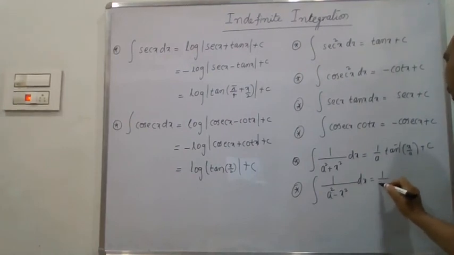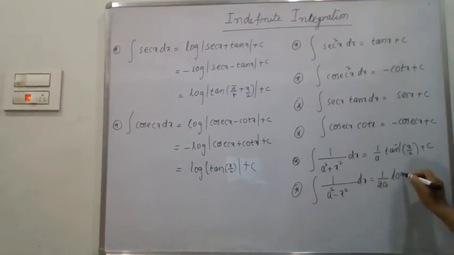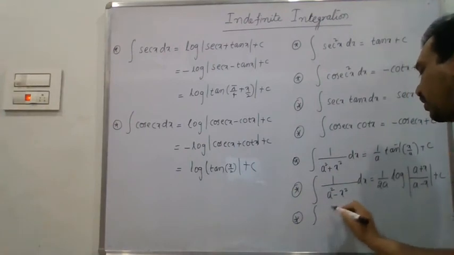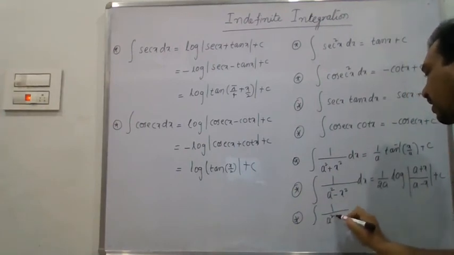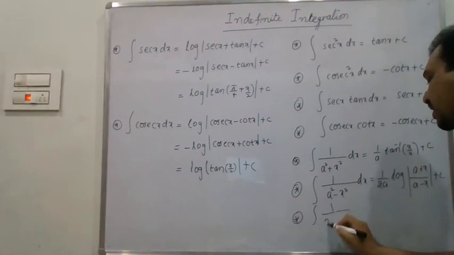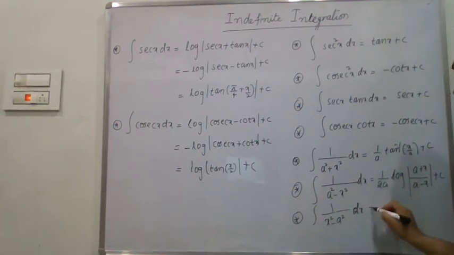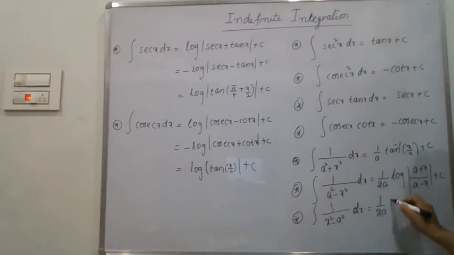This is 1 by 2a into log of mod a plus x by a minus x plus c. Integration of 1 by x square minus a square dx is equal to 1 by 2a log of mod x minus a by x plus a plus c.